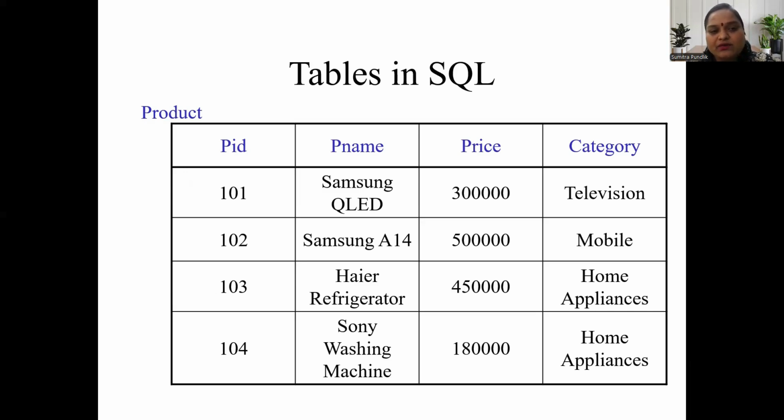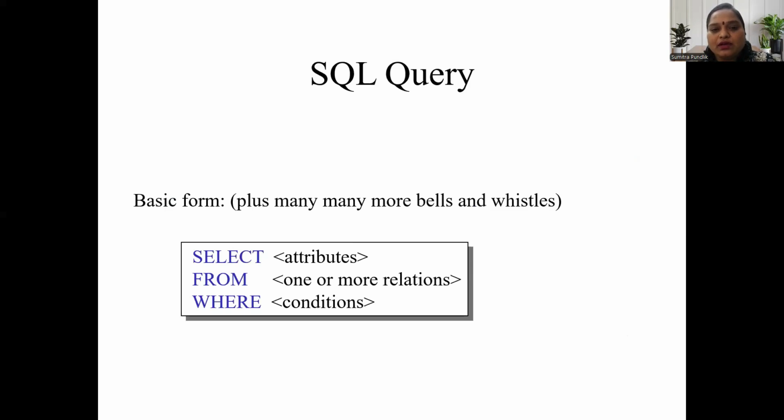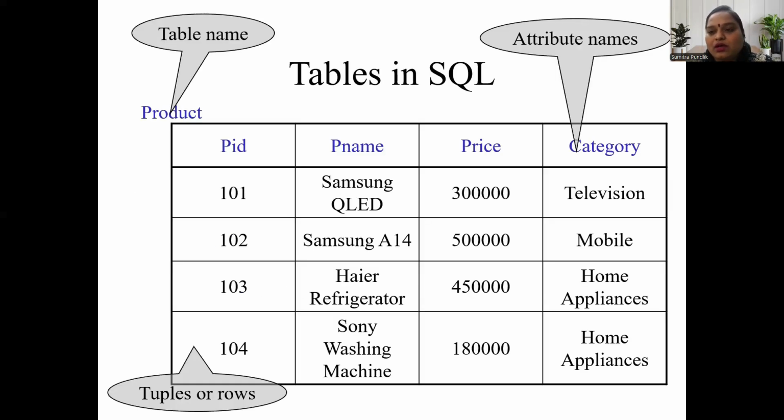Here in this case, we have create table product, and then product ID, product name, price, and category. You need to fill this data by using the insert into command. Now let us create the table first, and then I will give you a demonstration of how to create a table and how to insert data into that table.